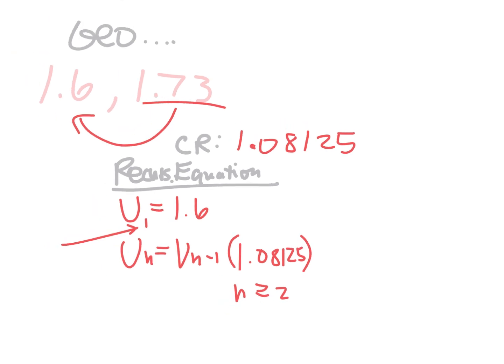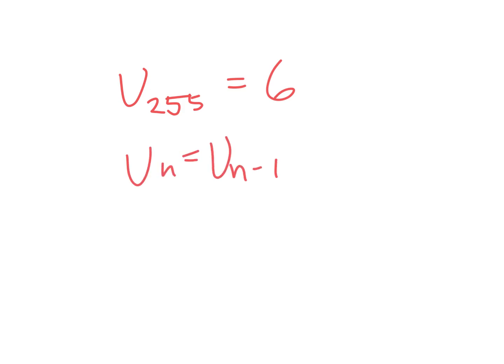All right. So what else do you have to know for this test? Quite a few things. Here's some weird ones that freak people out. U sub 25 equals 6. U sub n equals u sub n minus 1 times 0.75.